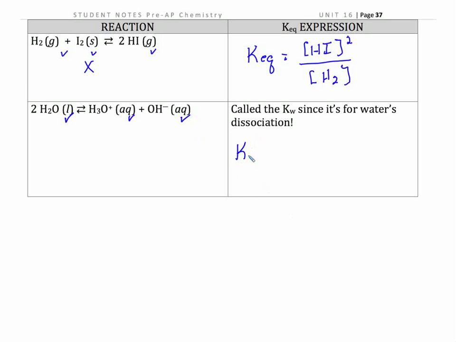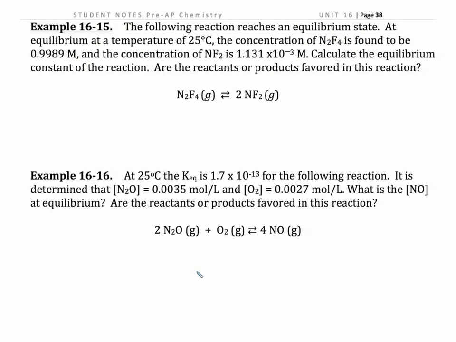This is a special one, and you saw this in acids and bases. This is where we get that Kw, remember Kw was 1 times 10 to the minus 14th. Well, that's equal to our H3O, aka H+, times our hydroxide. So that's how we set up these expressions.